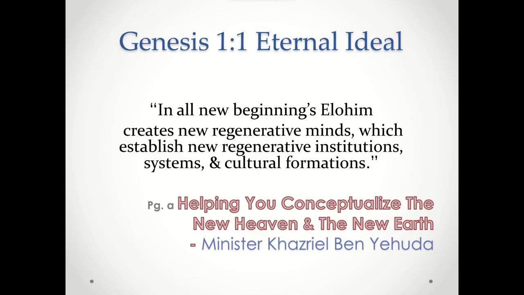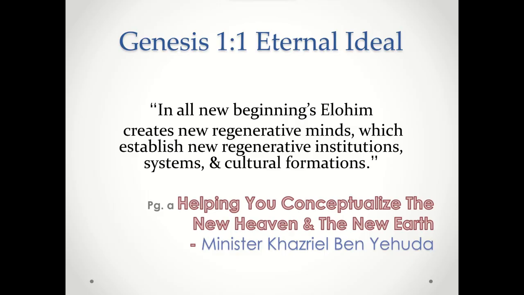So in Genesis, the writer, Moses, is expressing this eternal idea that the creator was creating in his image, and he was creating mankind to represent his interests on earth by giving him his mind.